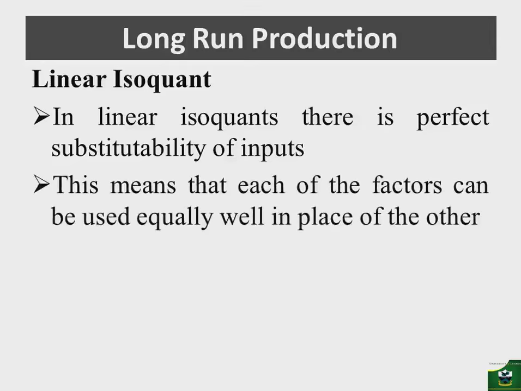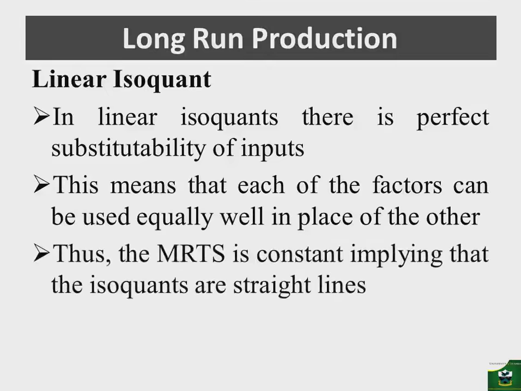In linear isoquants, there is perfect substitutability of inputs, and this means that each of the factors can be used equally well in place of the other. This means if you remove capital and bring in labor, labor is able to do the job which capital would have done, and therefore output will not be affected.